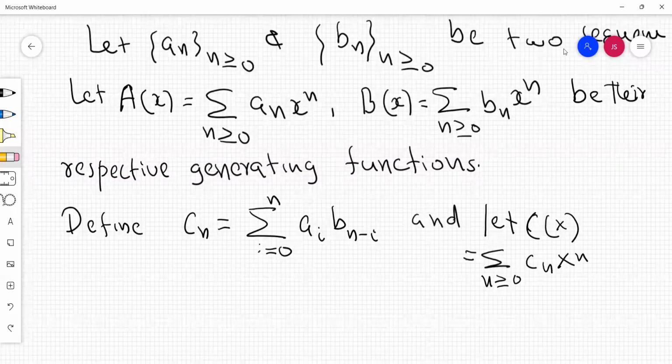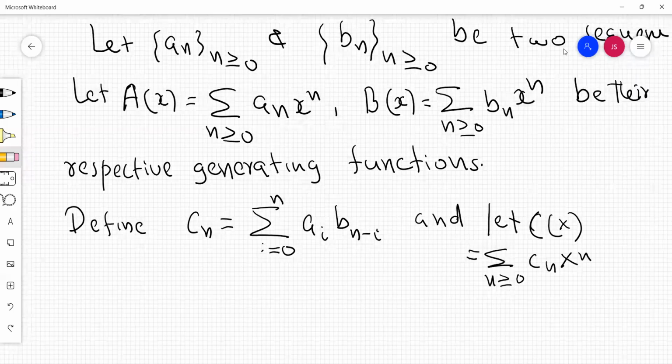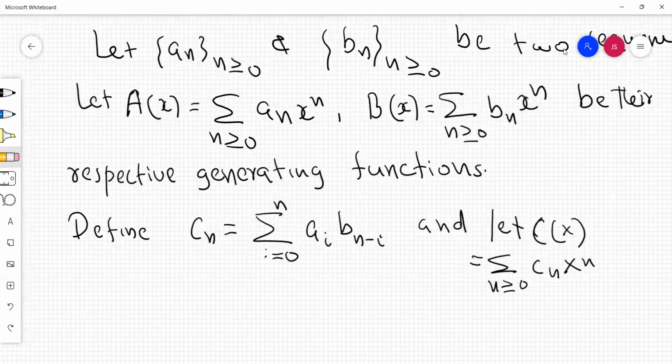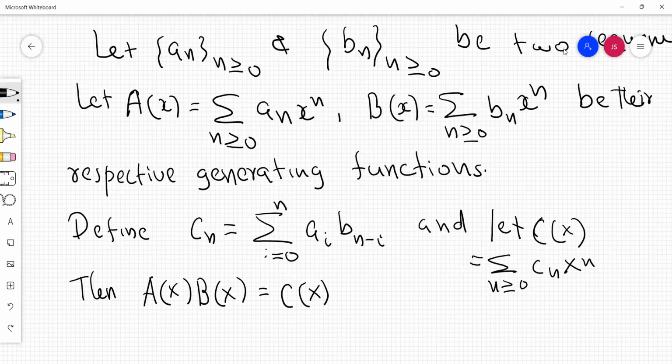Define C_n, and let C(x) equal the sum of C_n x^n. Then A(x) B(x) is equal to C(x), right?